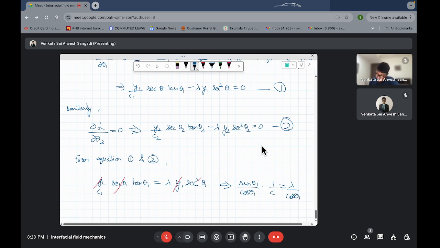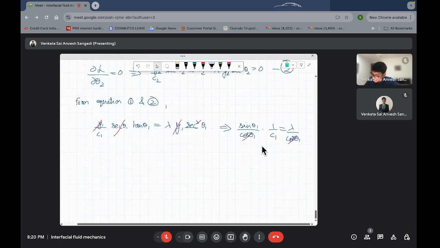So again we can strike off the cos theta 1, which gives us sin theta 1 by c1 is equal to lambda.